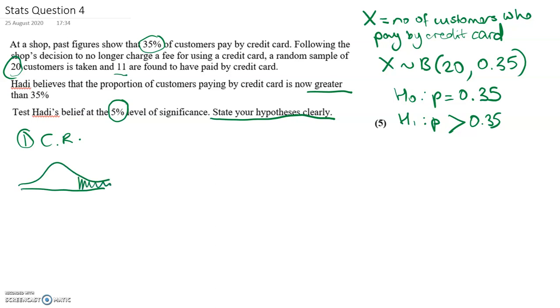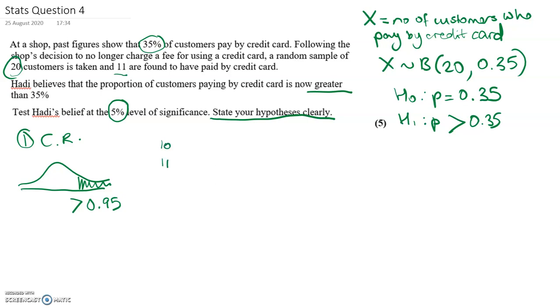what I can do is use my calculator or the tables, input n is 20, p is 0.35, and see which value gives us a probability greater than 0.95. I like to use the list function in the calculator.